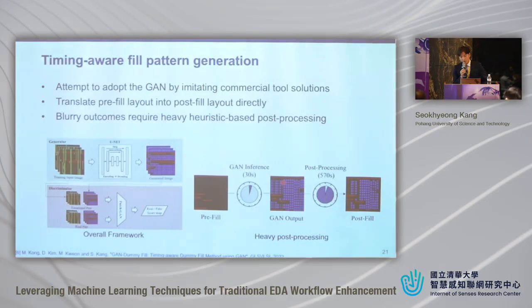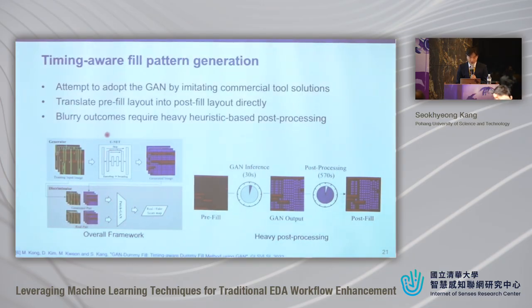We can also use ML for dummy pattern insertion. Dummy pattern is required for CMP, and we generated dummy patterns based on a generative model, GAN. It's very similar to Professor Rin's work, and we used a UNet for the generation, but we also used a discriminator.